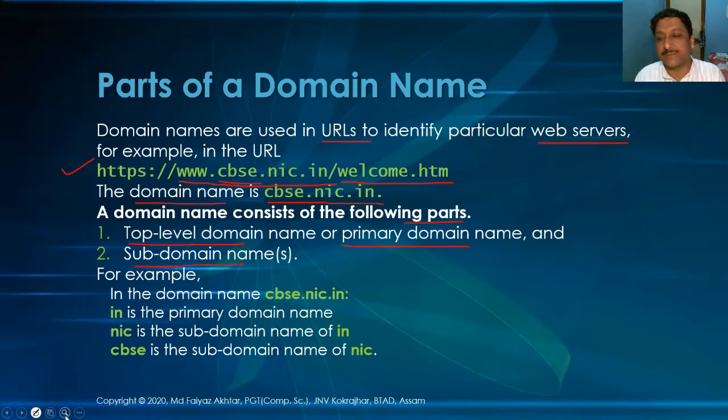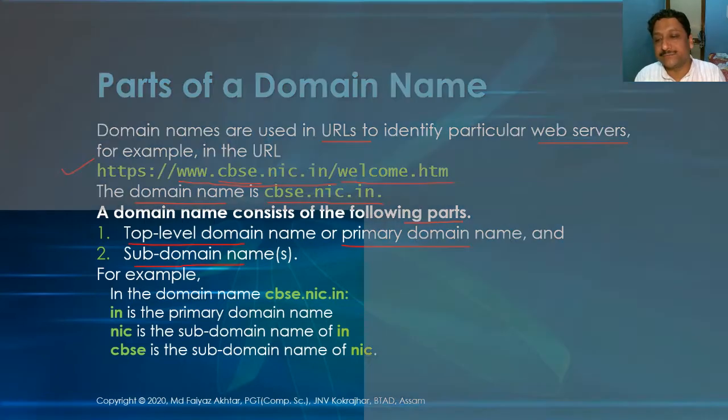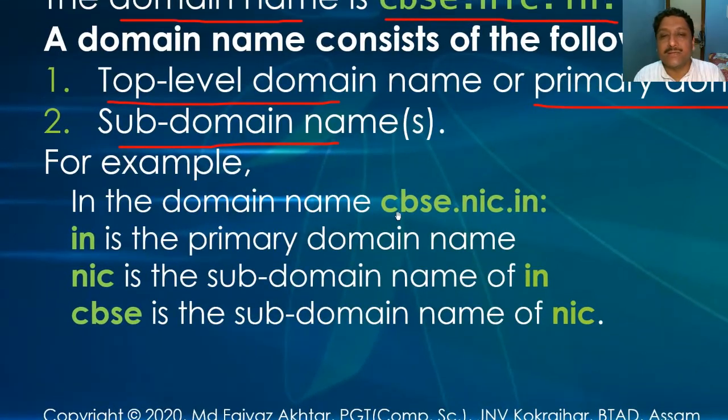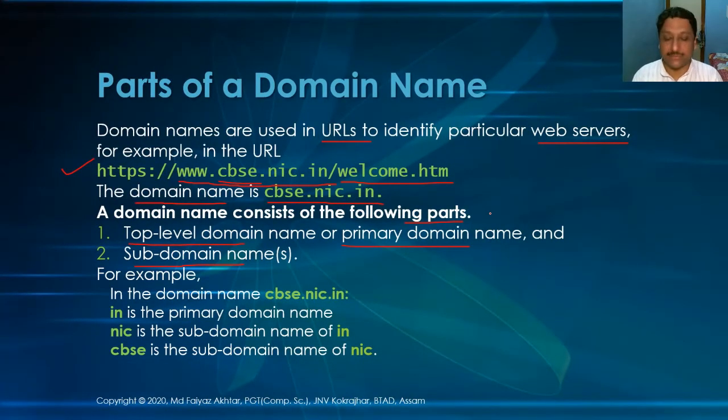For example, in the domain name cbse.nic.in, in is the primary domain name, nic is the subdomain of in, and cbse is the subdomain name of nic. The rightmost name is the primary domain name, the next is the subdomain, and the next is the subdomain of the previous one. This is the system of parts of the domain name.